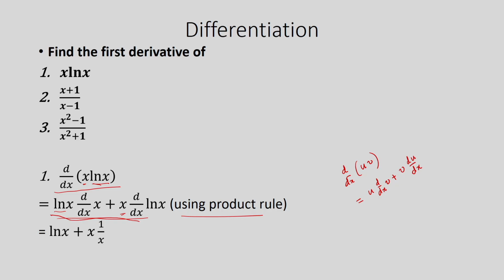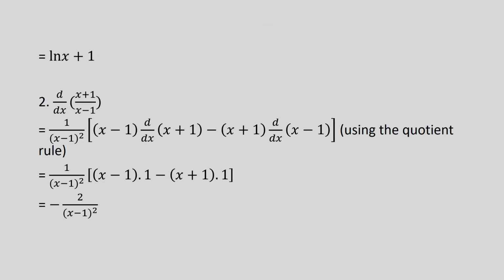So, in the next step, what we get is log of x multiplied by d dx of x. d dx of x, by the power rule, just becomes 1, so I am not writing that 1 here, plus x multiplied by d dx of log x. What is d dx of log x? It is just 1 divided by x. So, it can be simplified a bit more, it becomes log x plus 1. So, this is the answer.